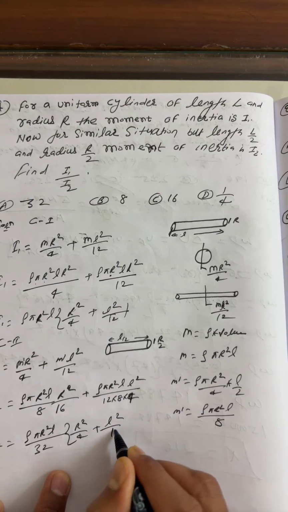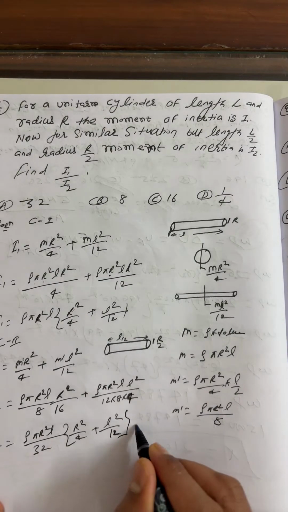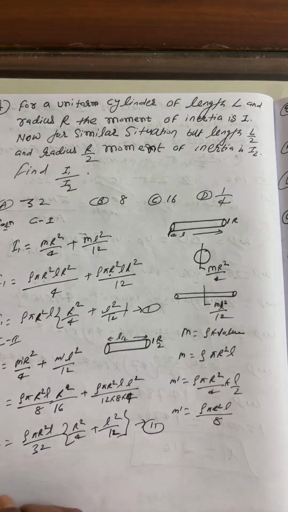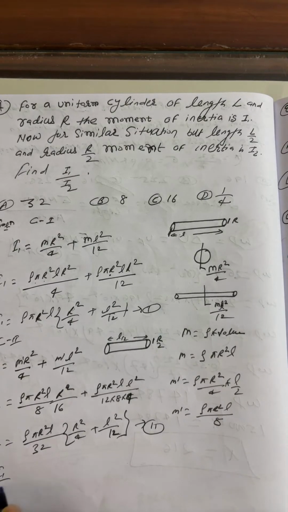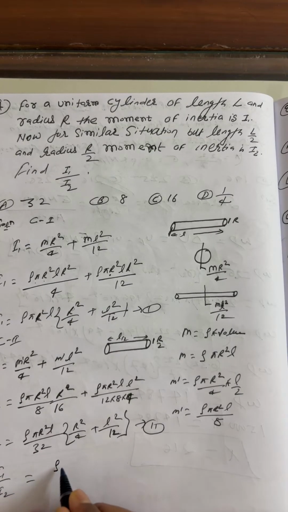L square by 12. But let us suppose this equation is A and this is B, so you can find I1 by I2. The entire terms cancel.